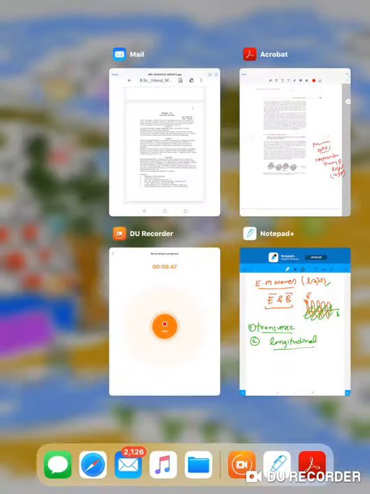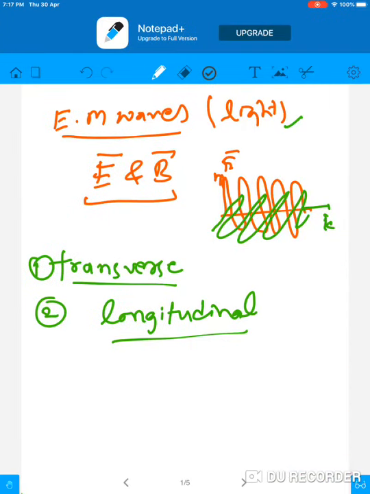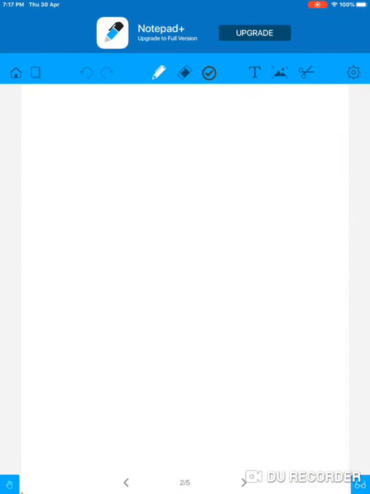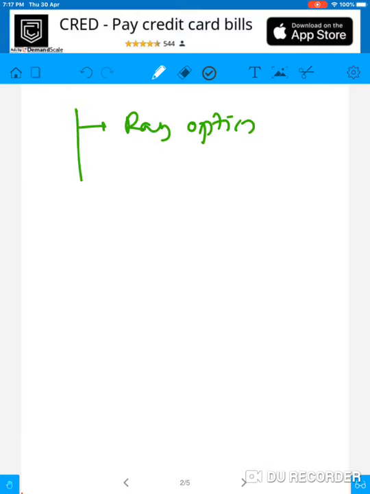So initially in light, two theories got developed. The first one is ray optics, and the second one is wave optics. This is not in your course, but for the formalism of this course you need to focus on these topics, though it is not much important from your examination point of view.